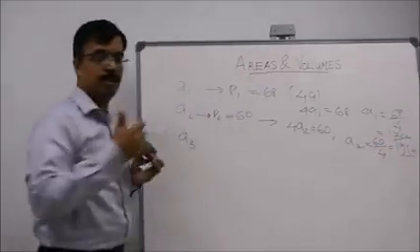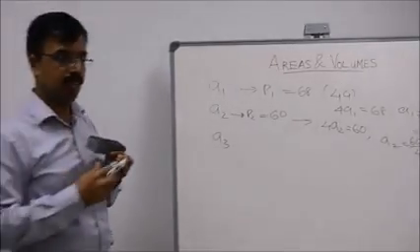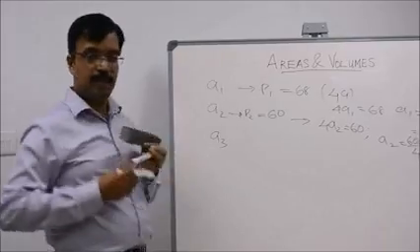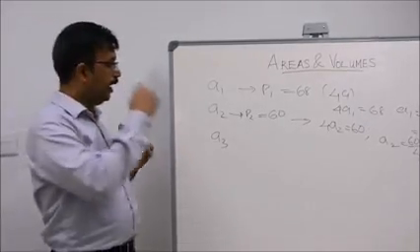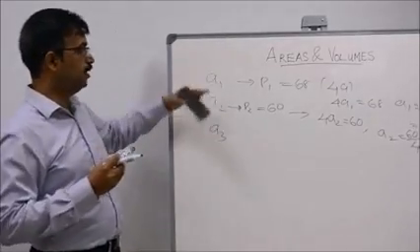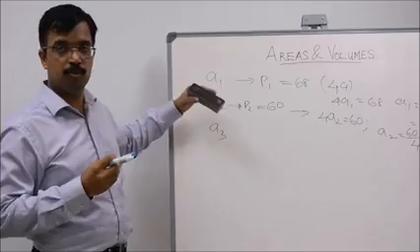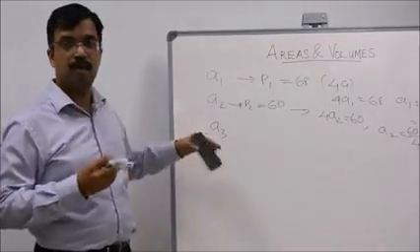So a1 is 17 and a2 is 15. Now the equality statement says that the difference in area of a1 and a2 is equal to the area of a3.